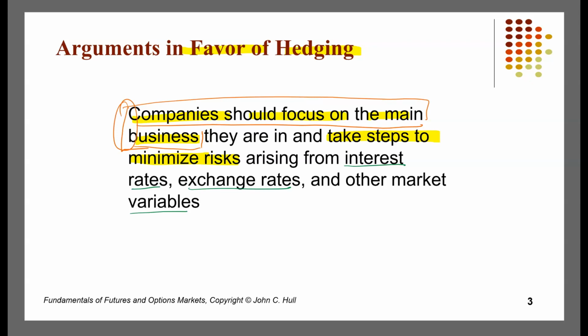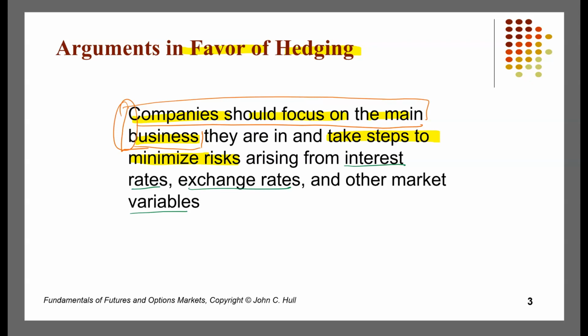That is one of the essential arguments in favor of hedging. Why wouldn't you want to minimize the risk of changes in the value of your raw material, or changes in the cost of capital? In this case, cost of capital will be the interest rates.